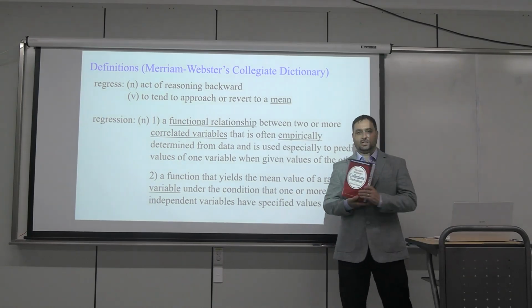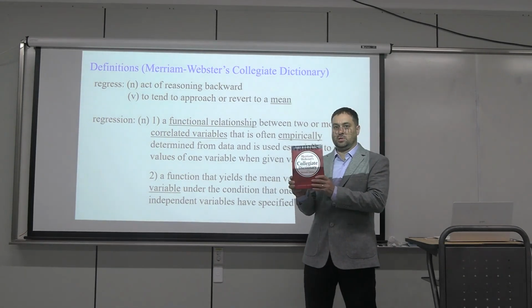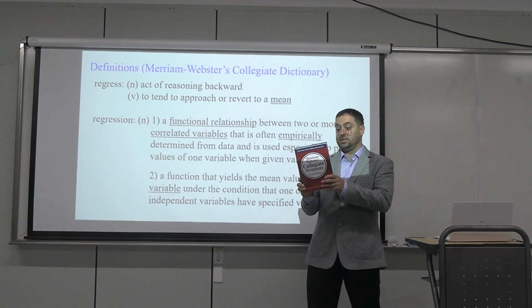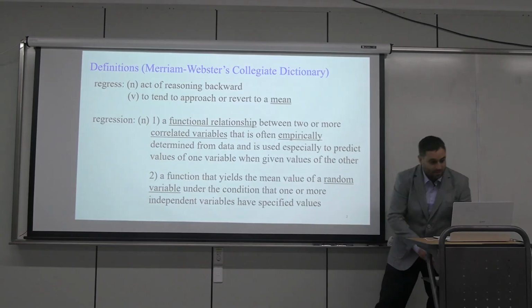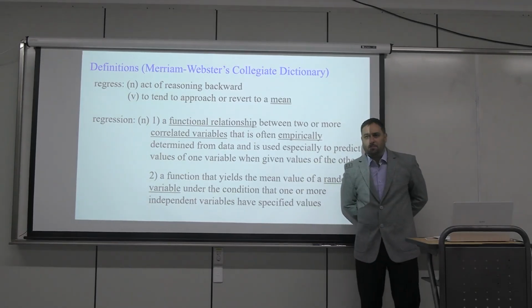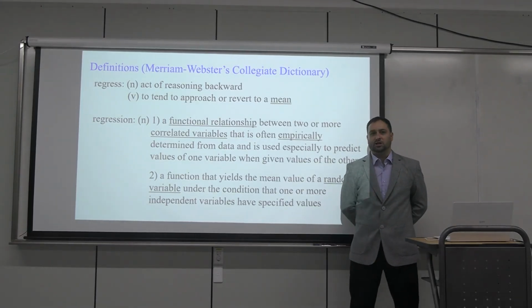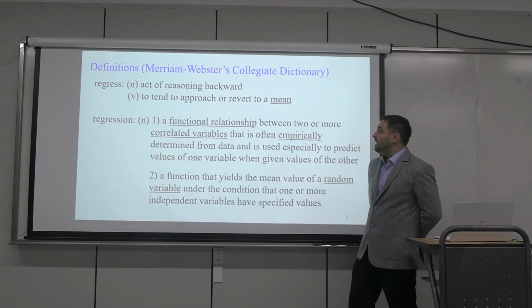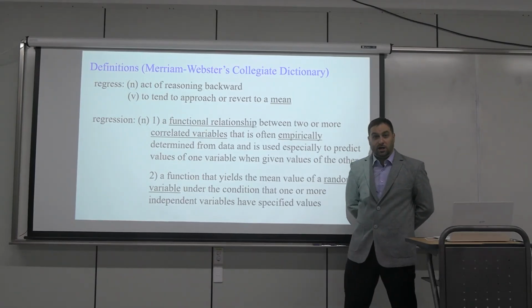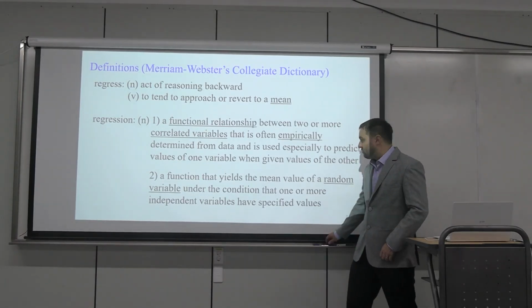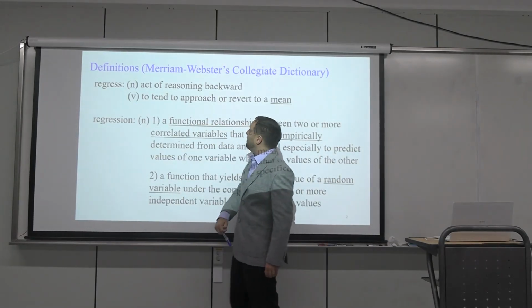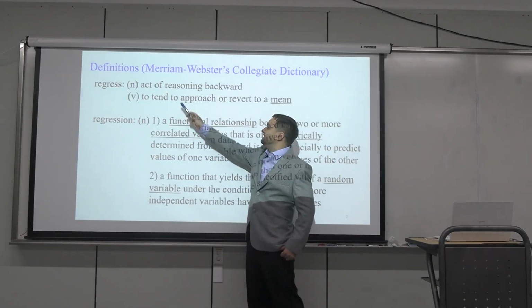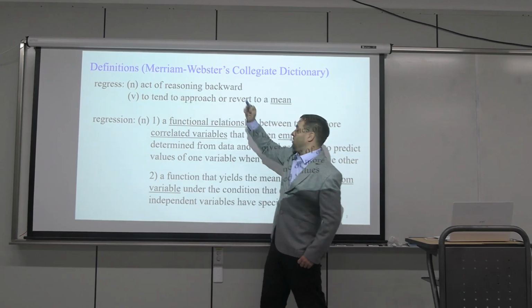I'm using the Merriam-Webster's Collegiate Dictionary, which is quite good if you're looking for a decent dictionary. The topic of this course is regression and regression models. The root word is regress, which is a noun, and the definition of regress is the act of reasoning backward.